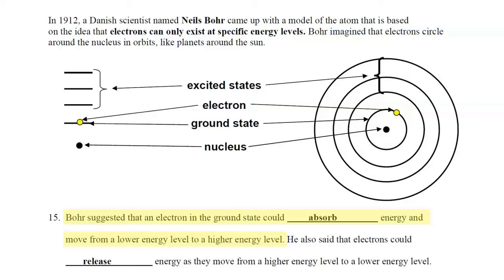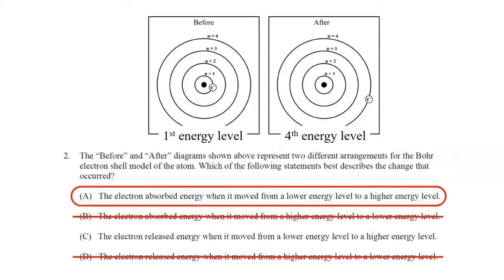Now, he also said that electrons could release energy when they move from a higher energy level to a lower energy level, but that's not what's happening in the diagrams in question 2. So when an electron moves from a lower energy level to a higher energy level, then it would absorb energy. And so that's why the correct answer to question 2 is choice A.